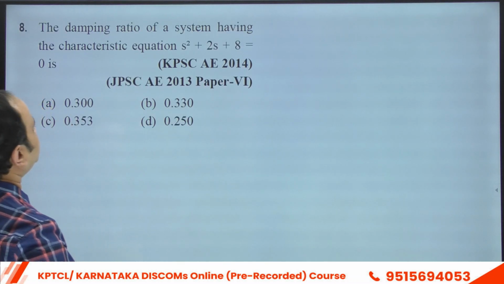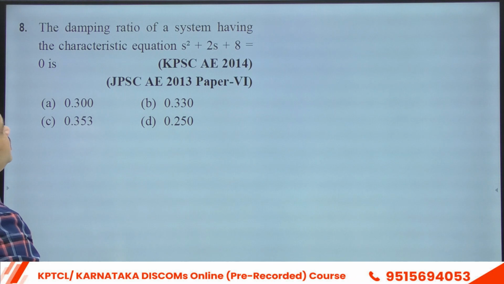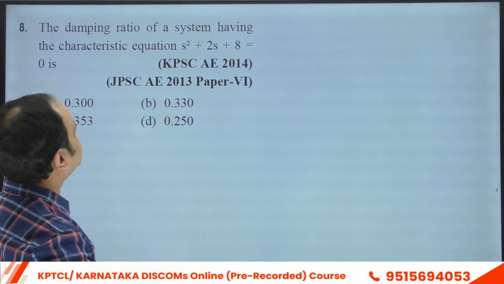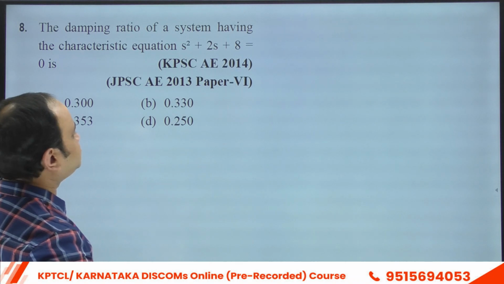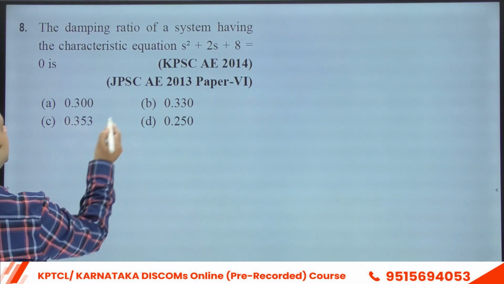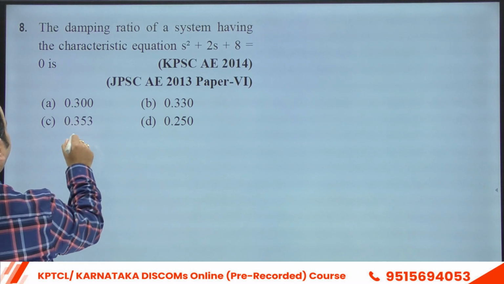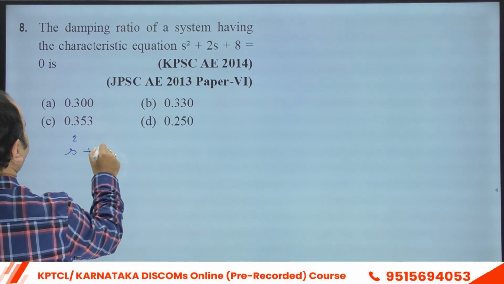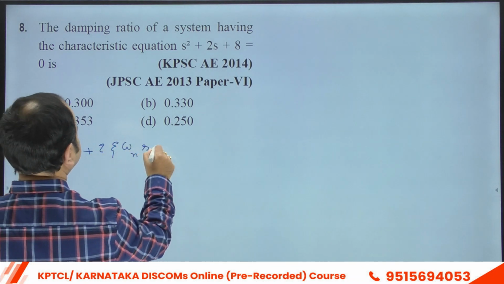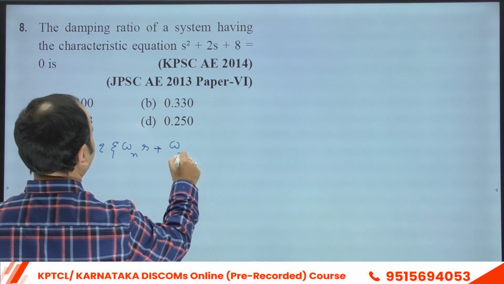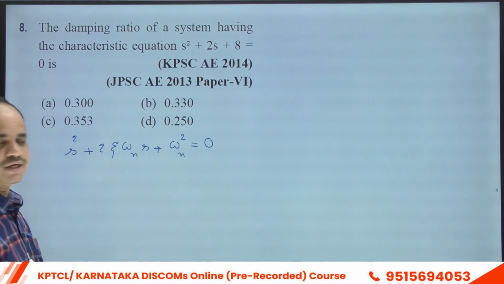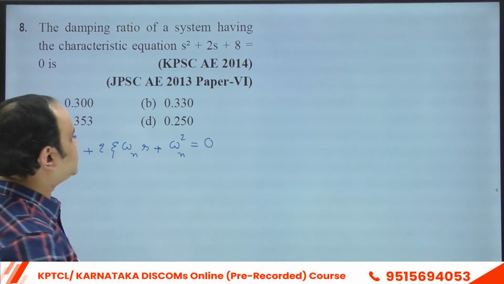Now, let us look into the next question. The damping ratio of a system having the characteristic equation s square plus 2s plus 8 equal to 0. First let us compare with the standard characteristic equation of a second order system, s square plus 2 zeta omega n s plus omega n square equal to 0.